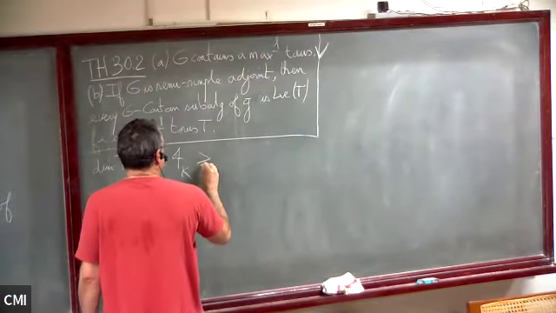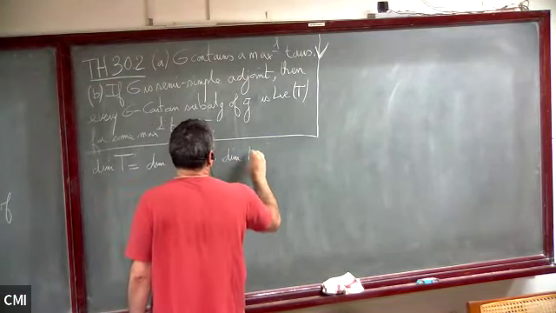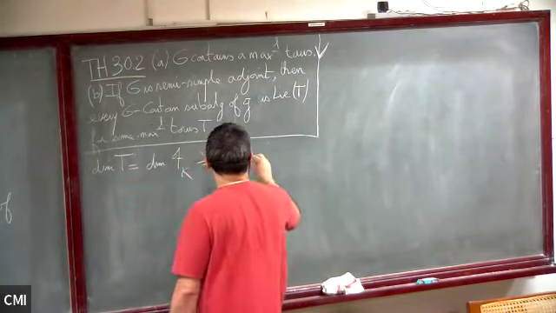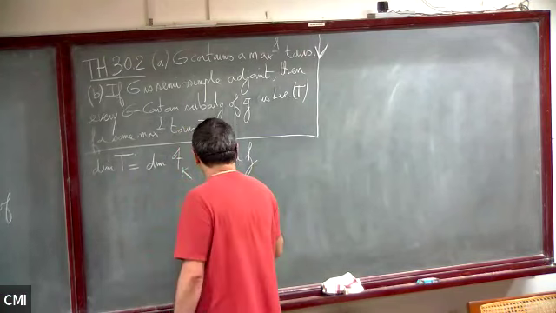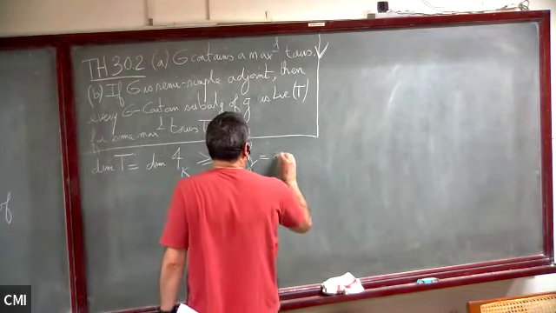And so this is greater than the dimension of H, because H, by definition, assumes the smallest possible value. Okay, and so this is the dimension of H.